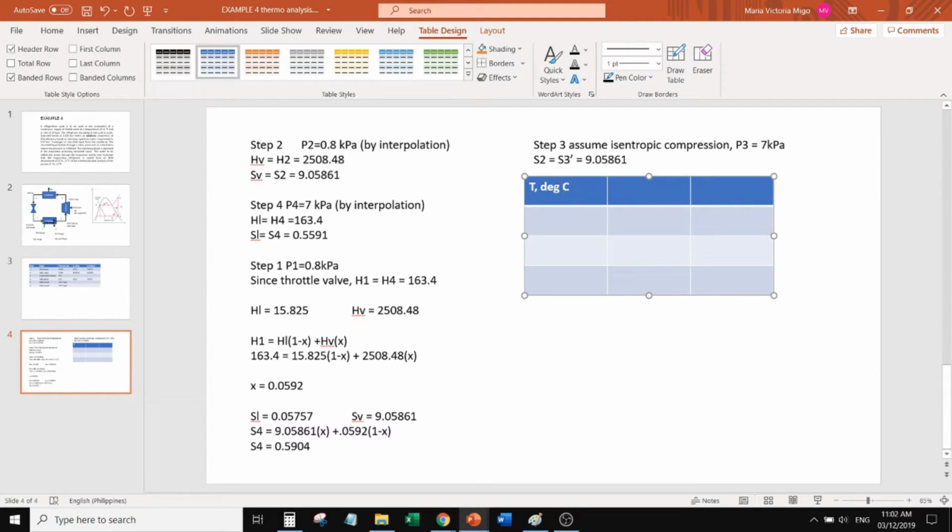Temperature in degrees Celsius, and entropy: 25 degrees Celsius, 175 degrees Celsius.